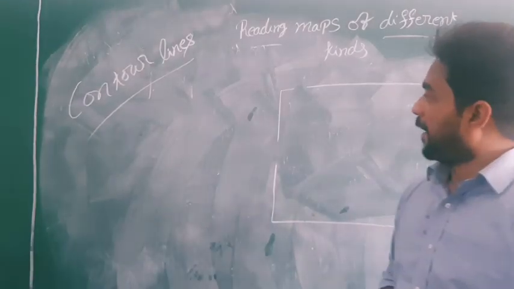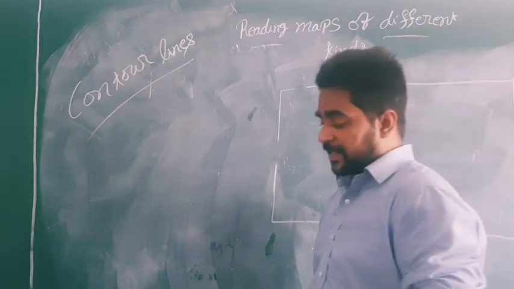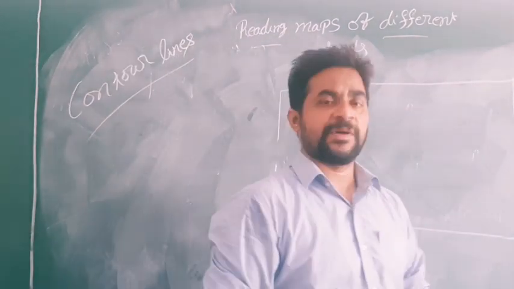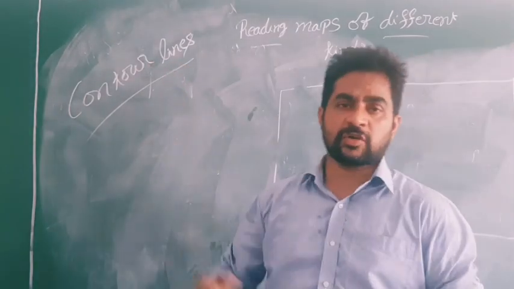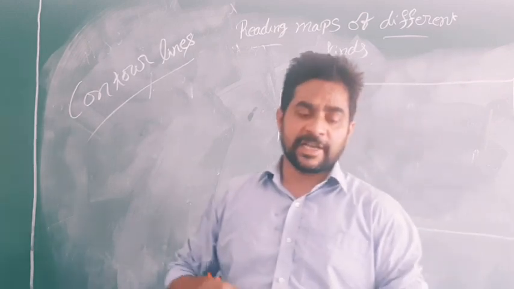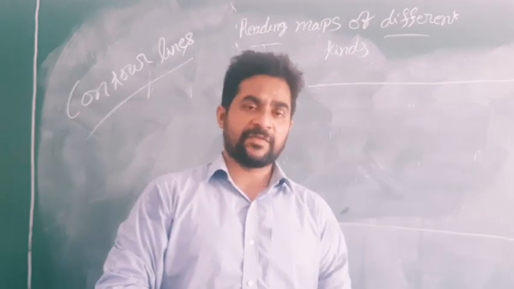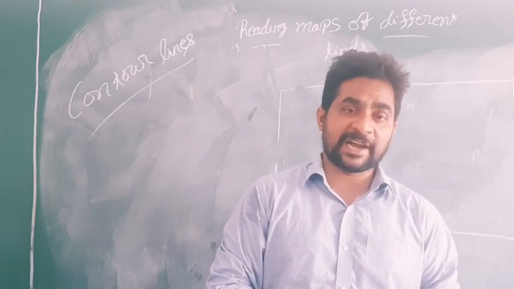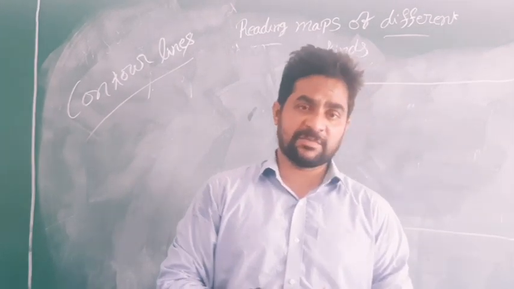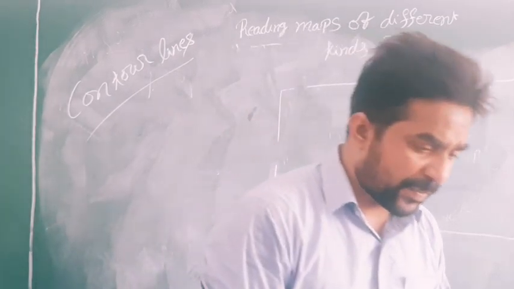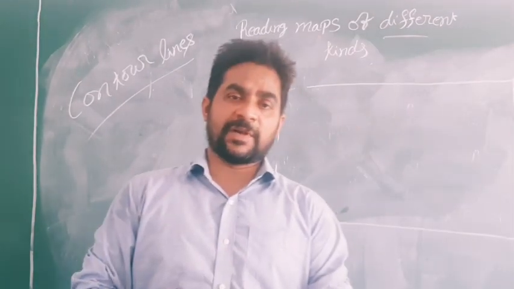I explained different types of maps like physical, political and historical maps. I also explained symbols, what type of symbols we use, and their other names, conventional signs and conventional symbols. And I explained the need for making a physical map.